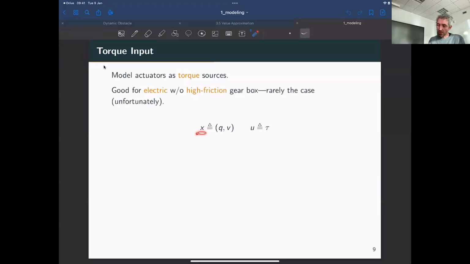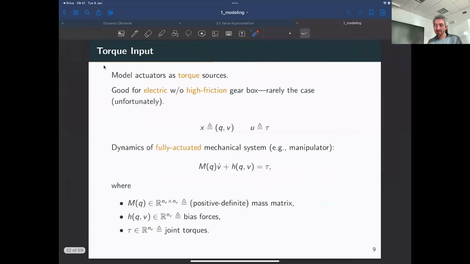So the state of the robot is as for the case of acceleration inputs. So you have the joint configuration Q and the joint velocity V. But this time the control inputs are no longer the accelerations, but the torques, which means that your dynamics is no longer a linear system, but it becomes nonlinear.